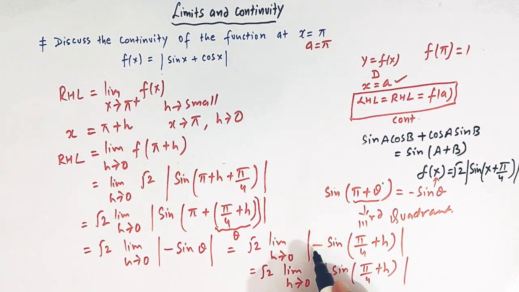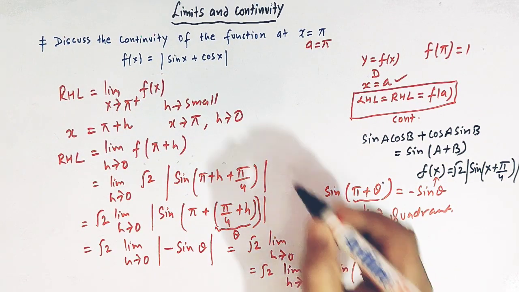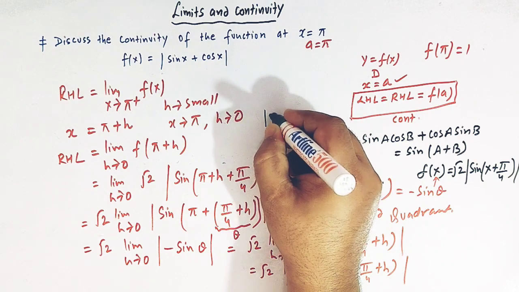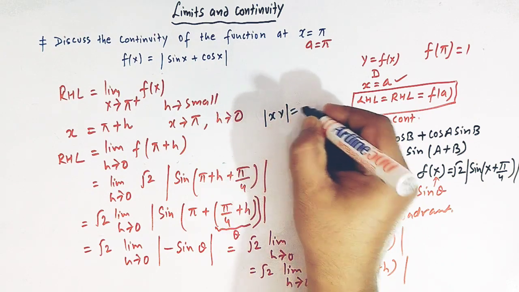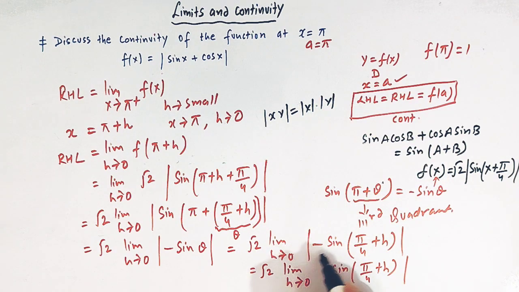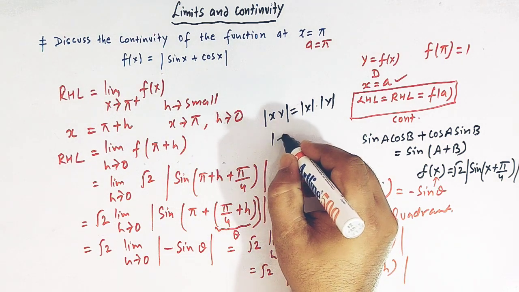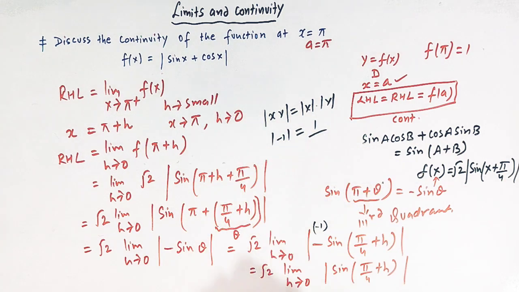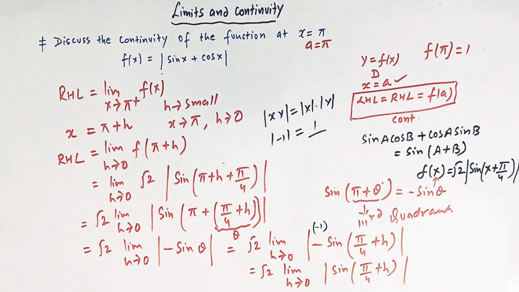So here we have removed this negative sign because we know that mod of x times y is mod of x times mod of y, and here this negative sign can be taken as minus 1. So mod of minus 1 is simply 1, right? So here we have 1 times mod of sine pi by 4 plus h, right?